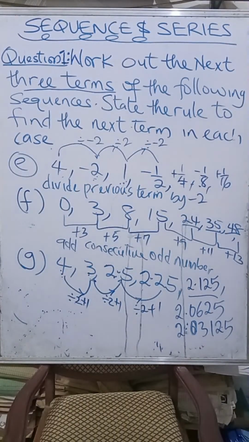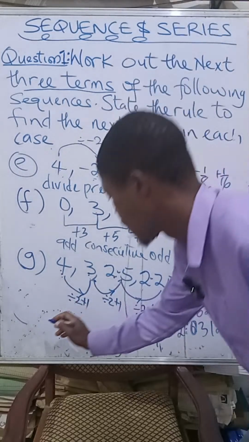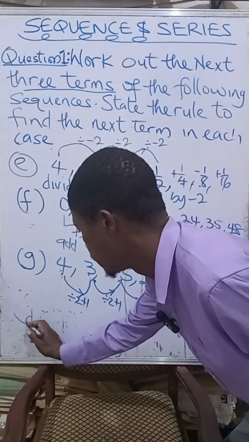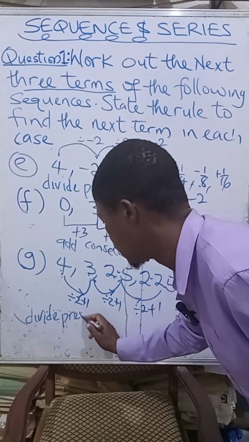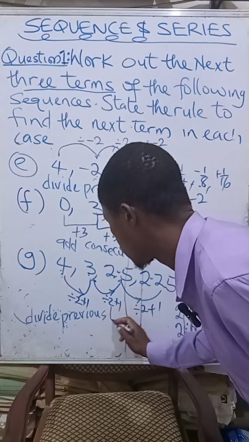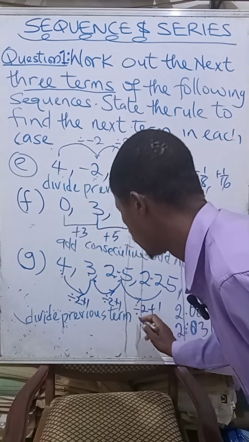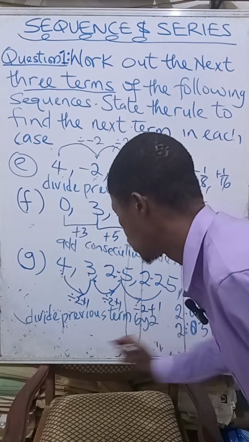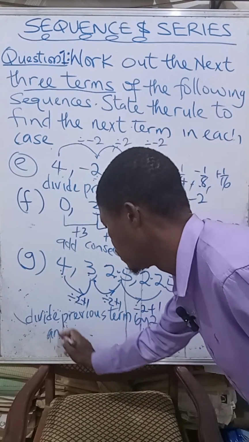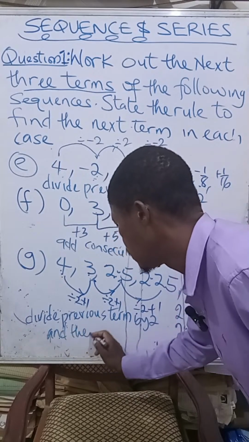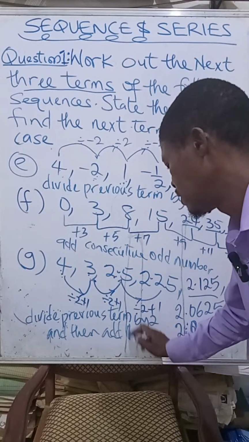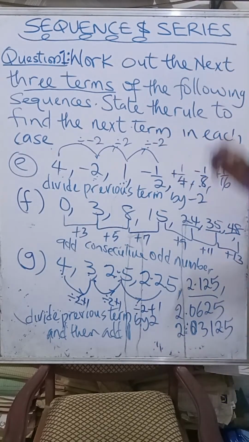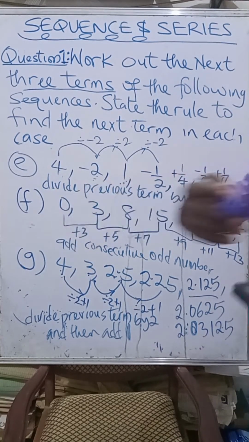So the rule is what? Divide the previous number or previous term by 2, then add 1. So that's the rule or the formula to generate the sequence.